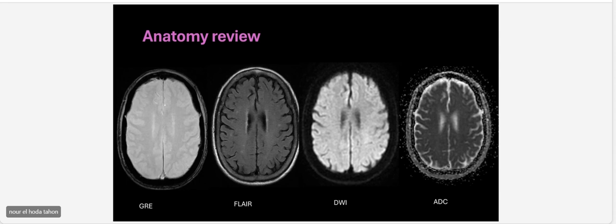And stroke, this is the first line of treatment, just do diffusion, or this is the protocol. If you will not do anything else, just do diffusion and FLAIR for a patient with a stroke. And once you see a territorial infarct, a territorial bright signal, you can catch it, even in the hyperacute stage.